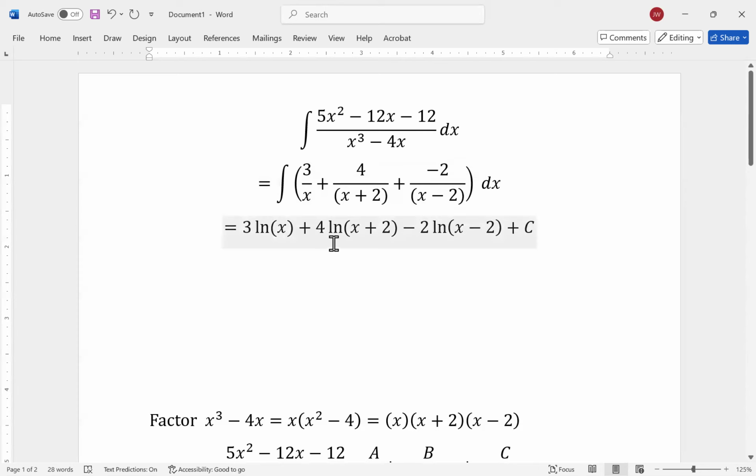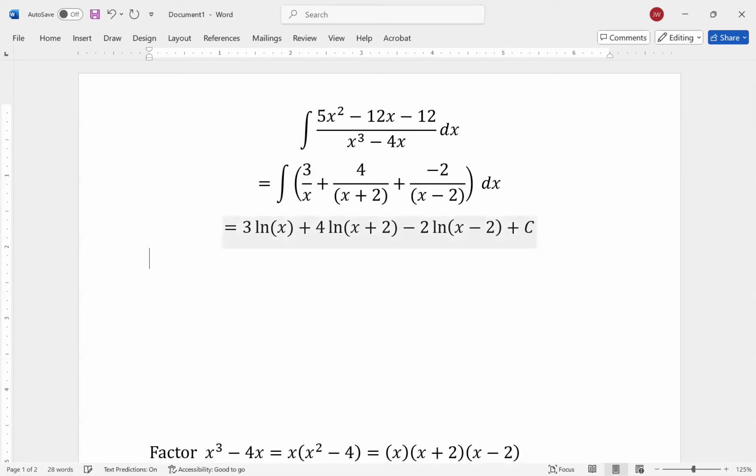This is the same thing as natural log of x plus 2 to the 4th. This is the same thing as natural log of x minus 2 raised to the negative 2 power. And then when you add natural logs, that's like multiplying the arguments inside. So there's a lot of different ways to rewrite this.